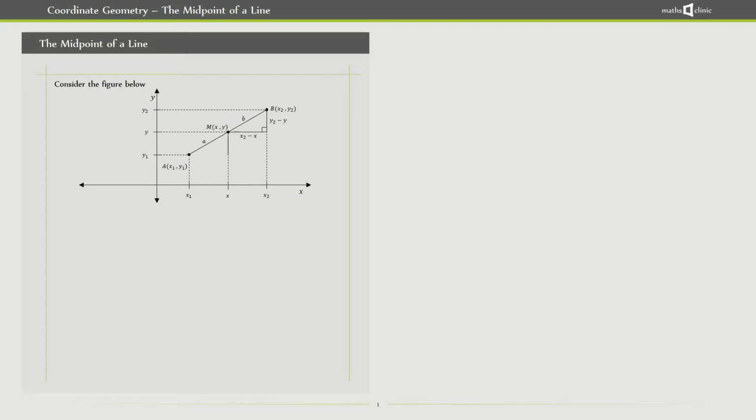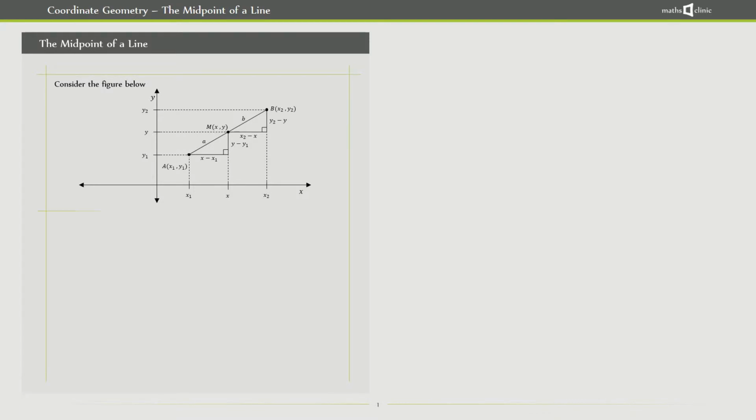I'm going to do the same thing for A. For the adjacent of the triangle I formed from A, I'm going to have x minus x1 as my adjacent, and y minus y1 as my opposite.